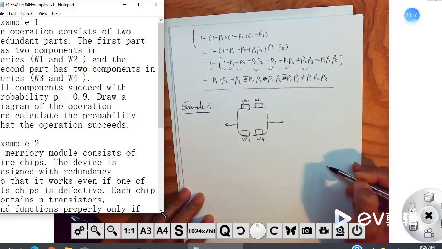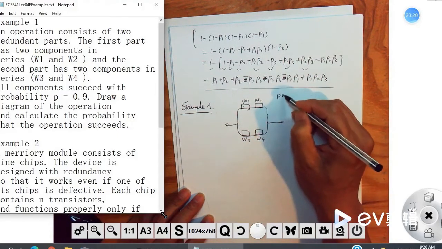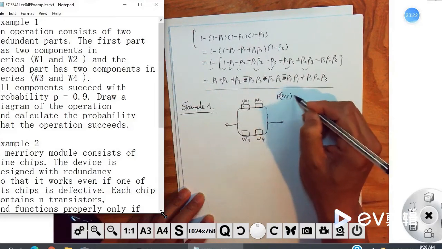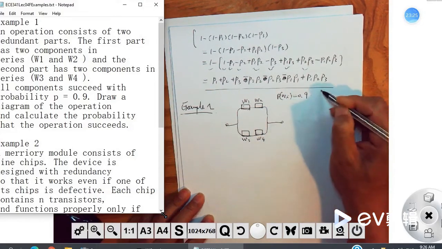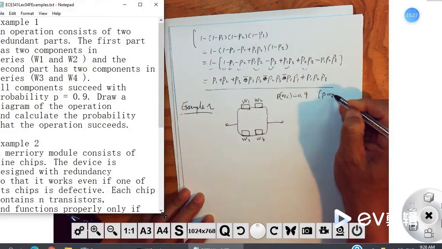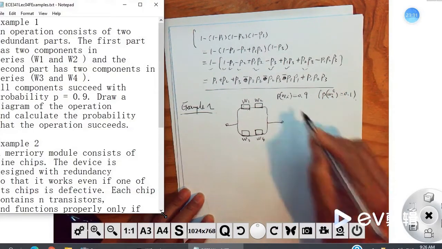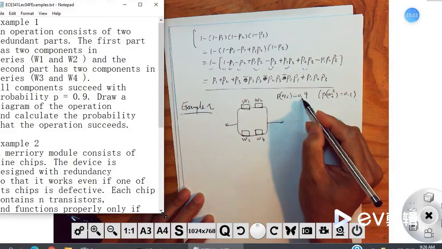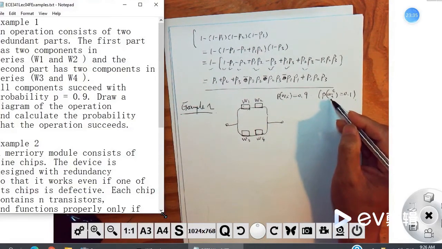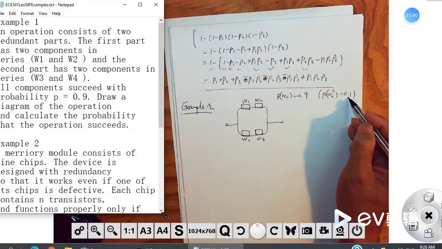Each component succeeds with probability P. So P of W_i equals 0.9. That means P of W_i complement will be 0.1. So success is 90% and something wrong is 10%.